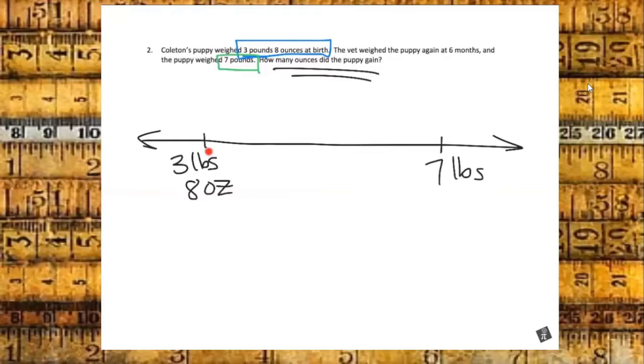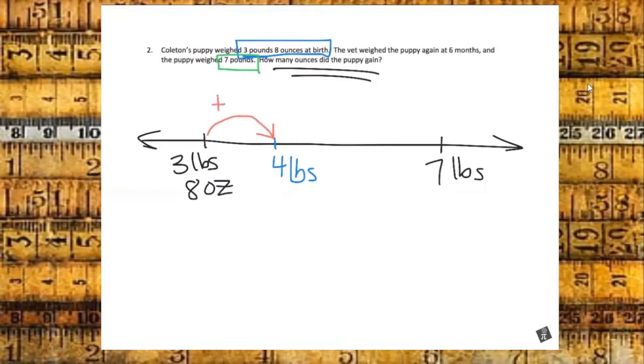What we want to do is figure out the distance from here to here. What do we have to add to 3 pounds, 8 ounces to get up to 7 pounds? Well, the next even pound is 4 pounds. What do we have to do to get from 3 pounds, 8 ounces to 4 pounds?